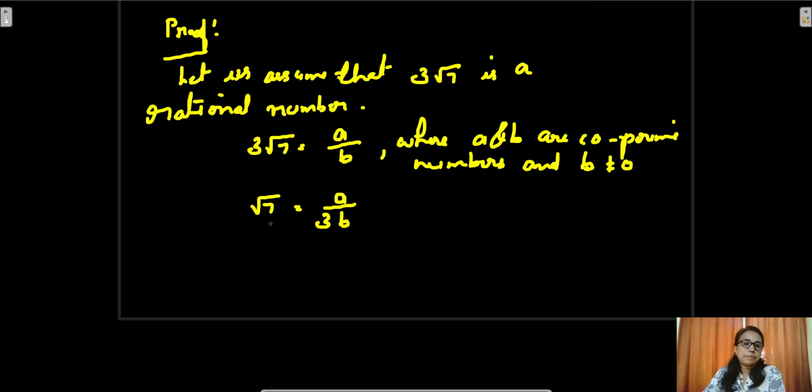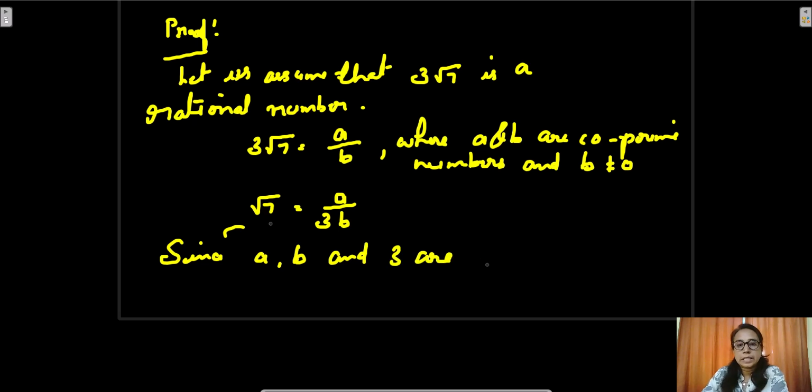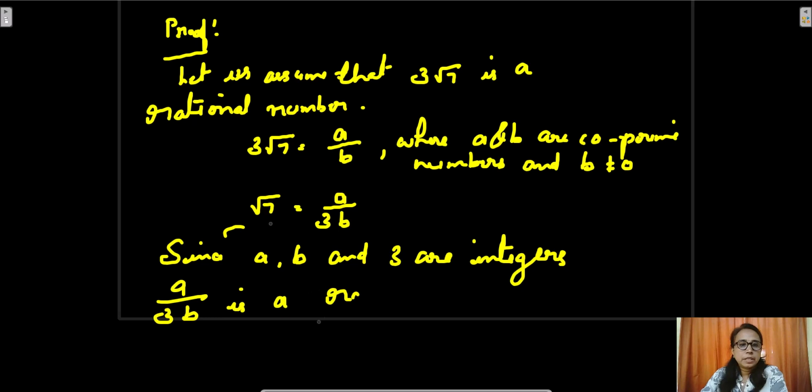Now you see, what is the right hand side? You have to write like this, otherwise you won't get marks. Since a, b and 3 are integers, a upon 3b is a rational number, because all are integers.